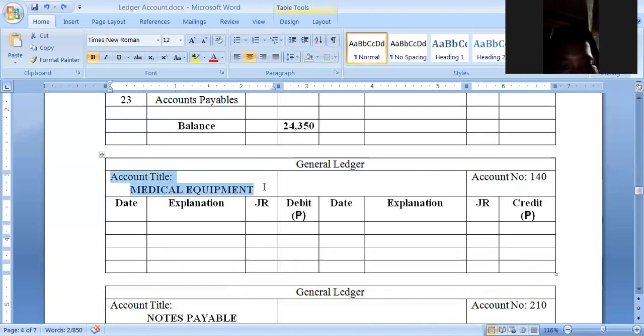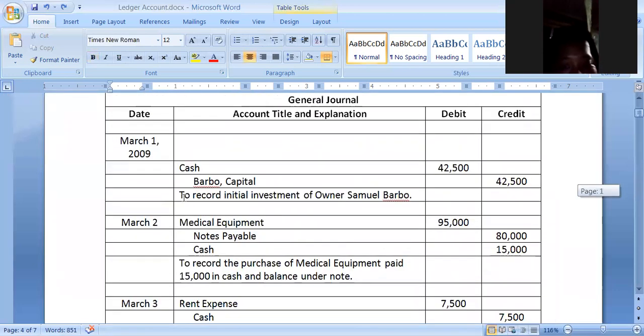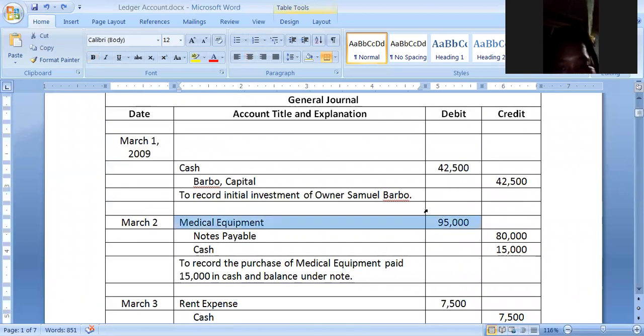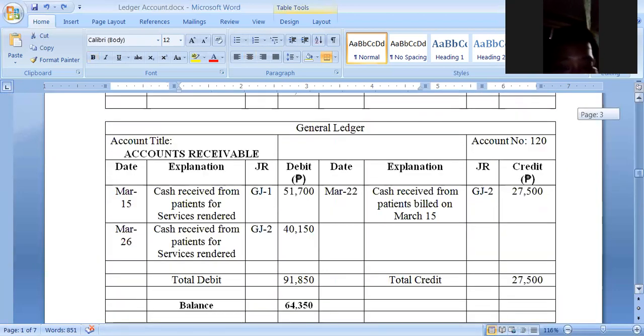Account title, medical equipment. Account number 140. Date, March 2. Let's go back to journal entry. Medical equipment, debit 95,000. Go back to ledger account.